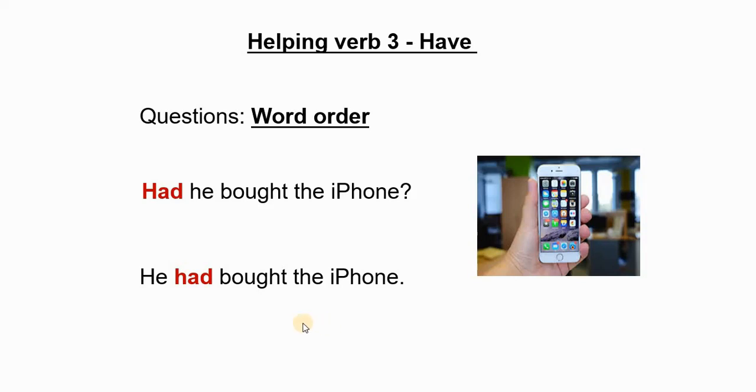And another example for the question word order changes. Had he bought the iPhone? So had, the helping verb had, comes before the subject, he. And if it is a statement, the subject comes first before had. He had bought the iPhone.